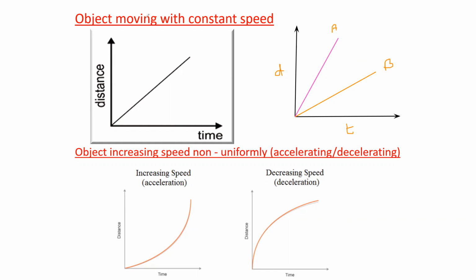So A has a steeper slope or a greater angle. So A is moving faster at a higher constant speed, and B has a lower constant speed.